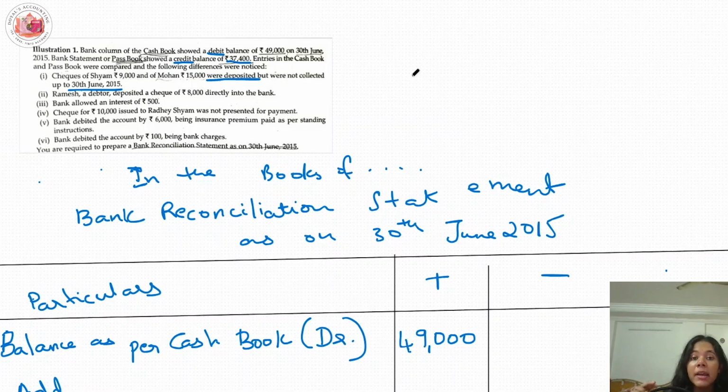That means my cash book balance is showing 15,000 plus 9,000, 24,000 more. My cash book balance is 24,000 rupees more than my actual passbook balance. I have recorded that I have received the money, but the bank has not yet collected those checks. So my cash book balance is more, right? So to equalize, I have to deduct the amount.